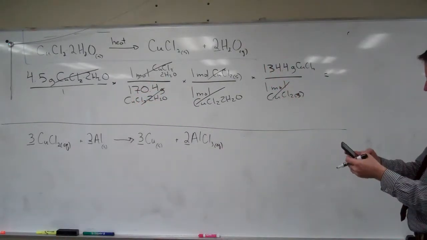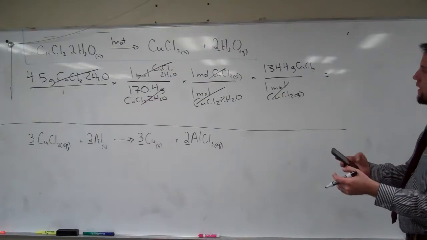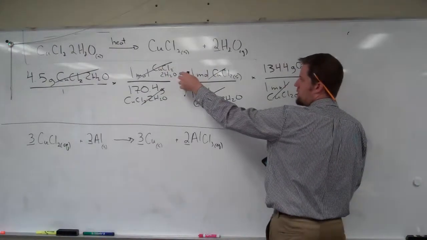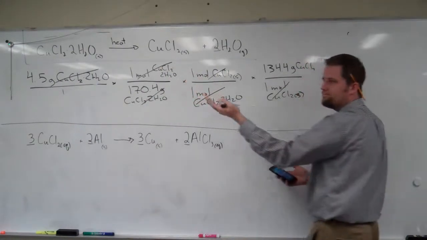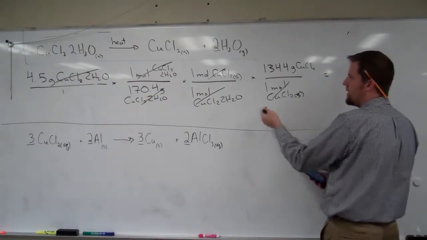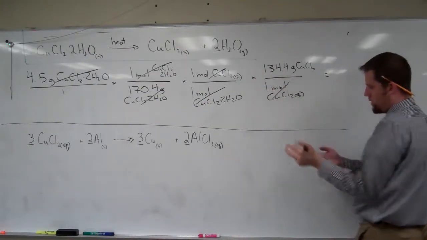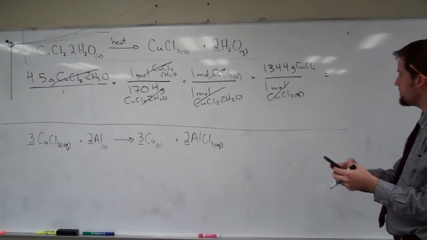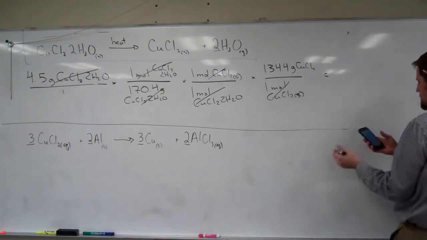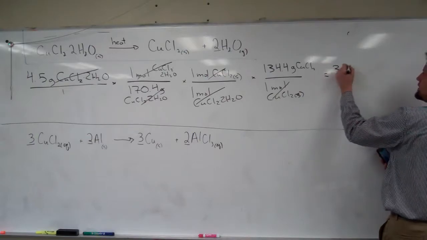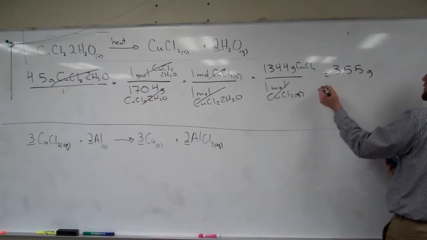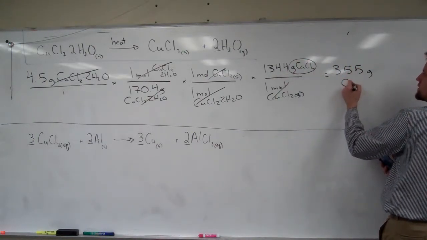Just divide by 170.4, right? And now I want to multiply by 1 over 1. There's nothing to punch in, it's just 1. Times 134.4 over 1, and I get 3.55 of what's left, CuCl2.